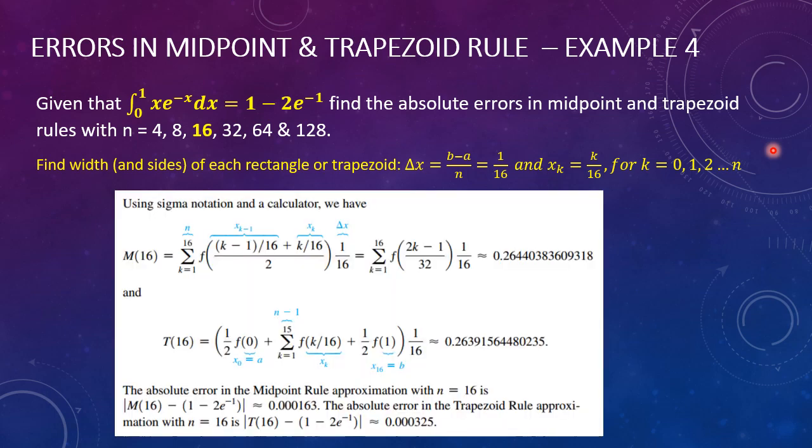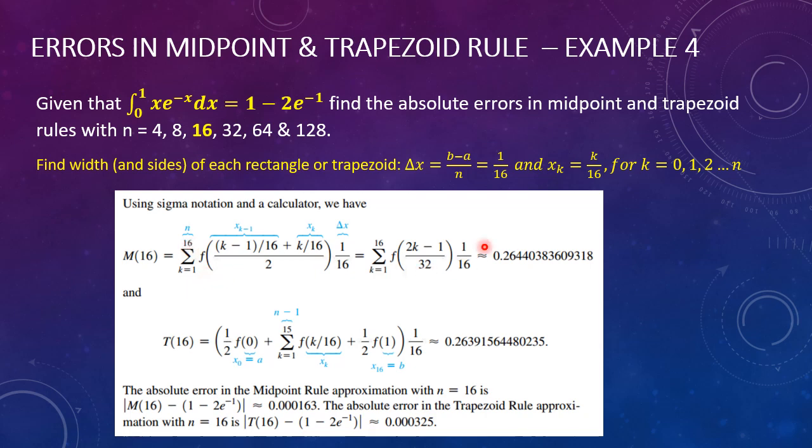So what we have here is the printout from your textbook, and so they've used sigma notation and a calculator to figure this out. Okay, so here is our k minus 1. Here's our x sub k value. Here's our x sub k minus 1 value, and so we get the function of this value times the delta x, which is 1/16, and we're going all the way from k equals 1 to 16.